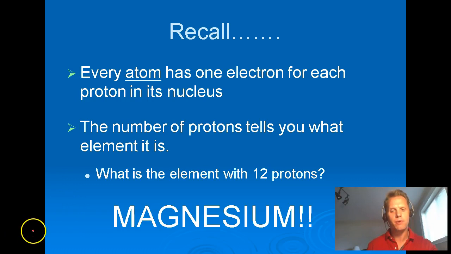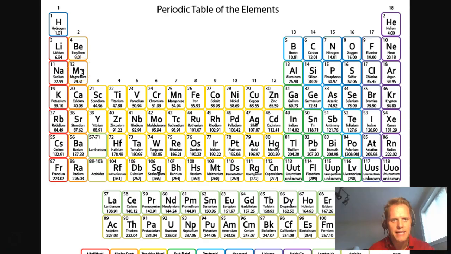We're going to figure out how many protons, electrons, and neutrons it has, and then draw the Lewis structure for it, which is really easy. Magnesium has two numbers. The small number is the number of protons and electrons, 12, and it has a number 24.31, which is the atomic mass. We're going to use those numbers to do the Bohr-Rutherford.